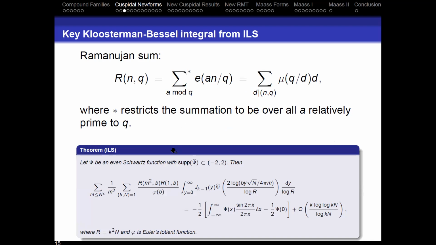And what Iwaniec-Luo-Sarnak showed is that when you look at that Bessel-Kloosterman term, with a little bit of work, it expands out to looking like this monster over here, which can then be evaluated to closed form as a nice integral of your test function against a nice density function, the sine 2 pi x over 2 pi x, with a few other things, plus a smaller correction term.